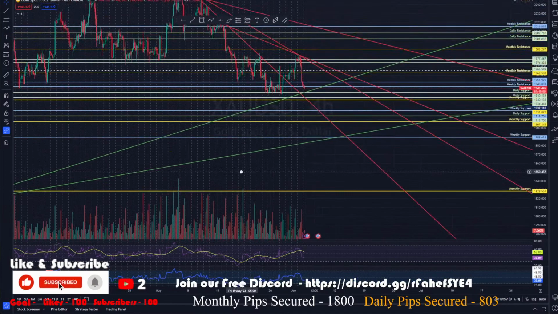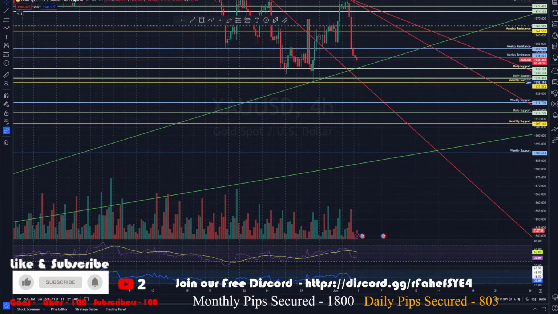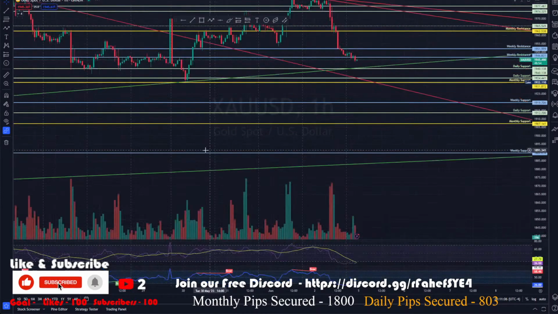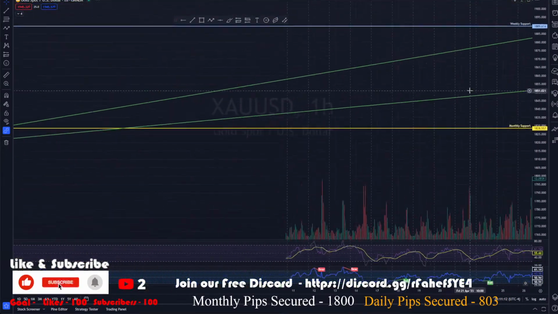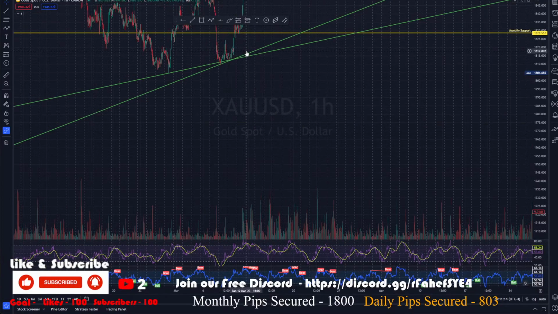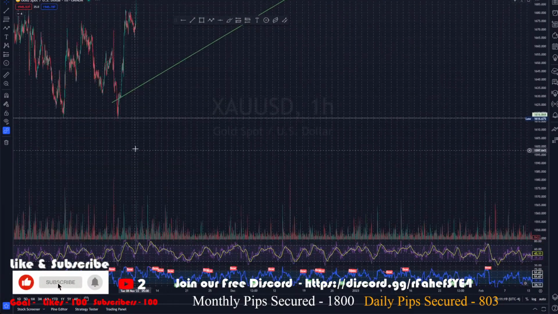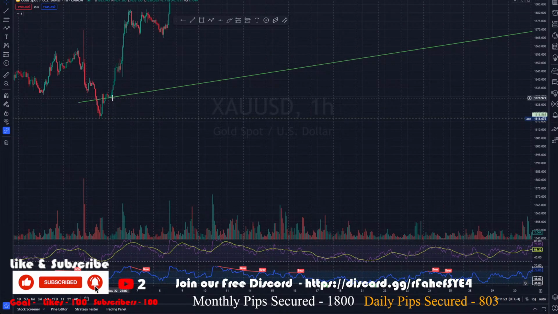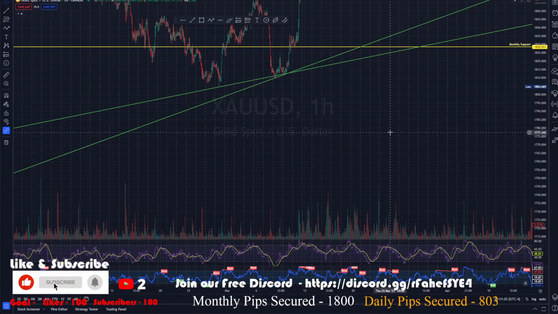Okay, aligned, perfectly aligned on the 4 hour. Let's look at the same thing on the 1 hour. Okay, both these candles rejected the same area. Perfectly aligned. Our second touch point. And then our third touch point. Okay, great. So this trend line is definitely confirmed.